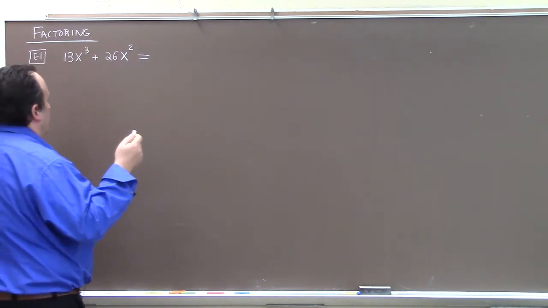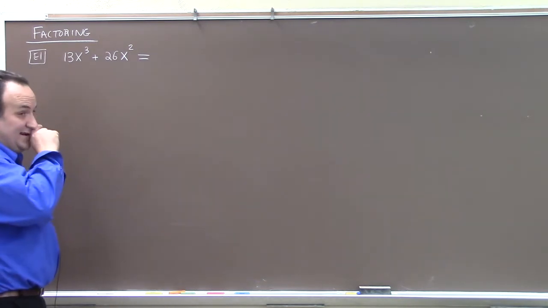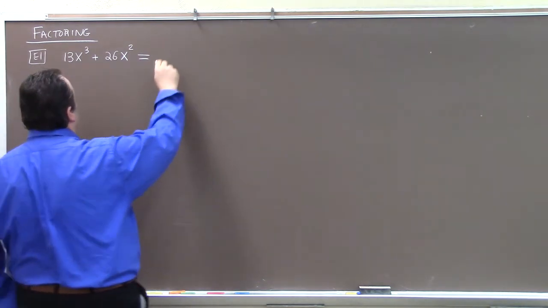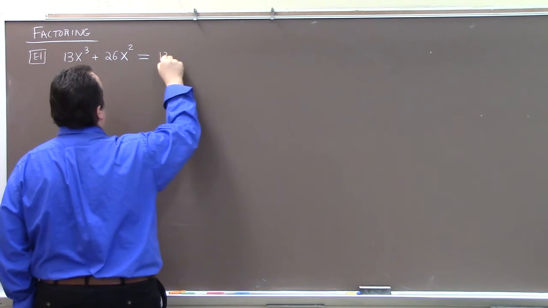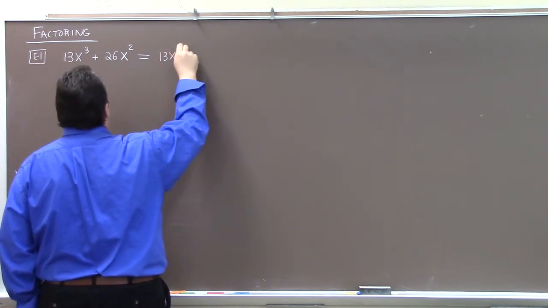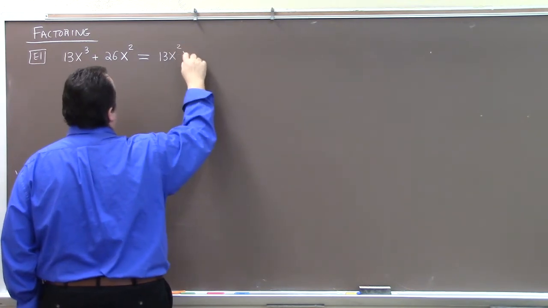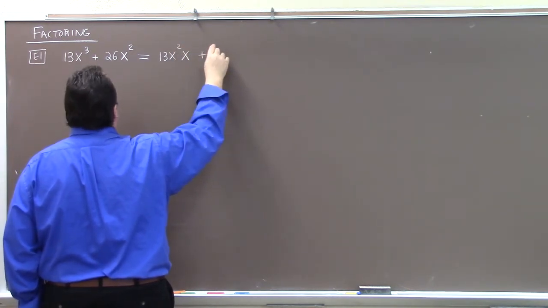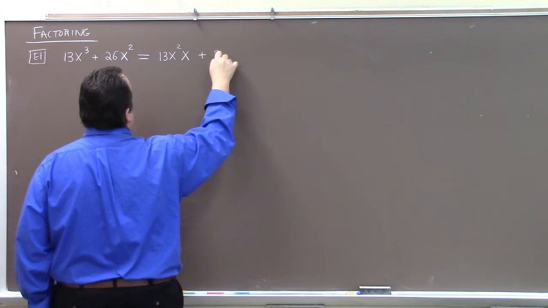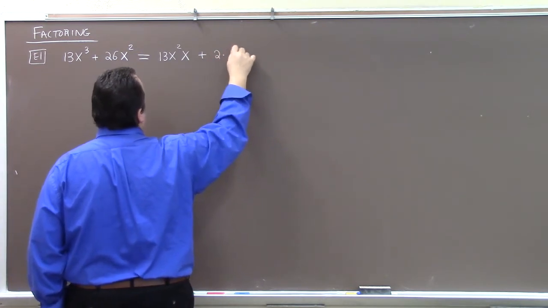All right, so here we go. So 26 is 13 times 2, right? So what we're looking at is 13 times x. So we could write it this way, right? This is 13x squared times x, plus 2 times 13x squared.